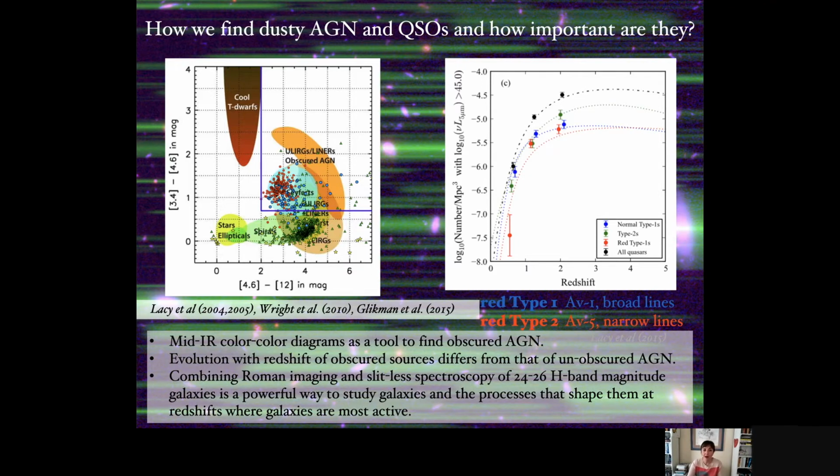And so combining Roman imaging and slitless spectroscopy with the faintest objects, of H-band magnitude on the order of 24 and 26, will be a powerful way to study obscured galaxies and the processes that shape them at redshifts where galaxies were most active.